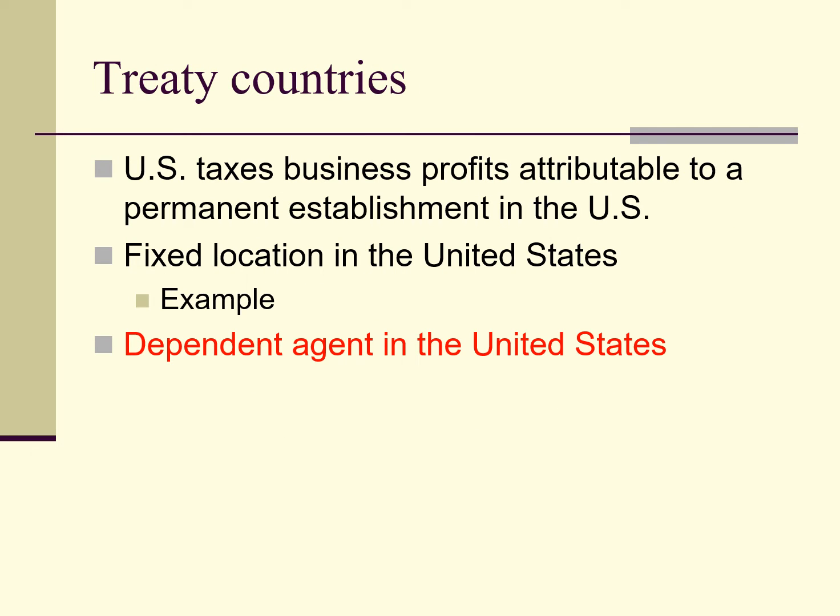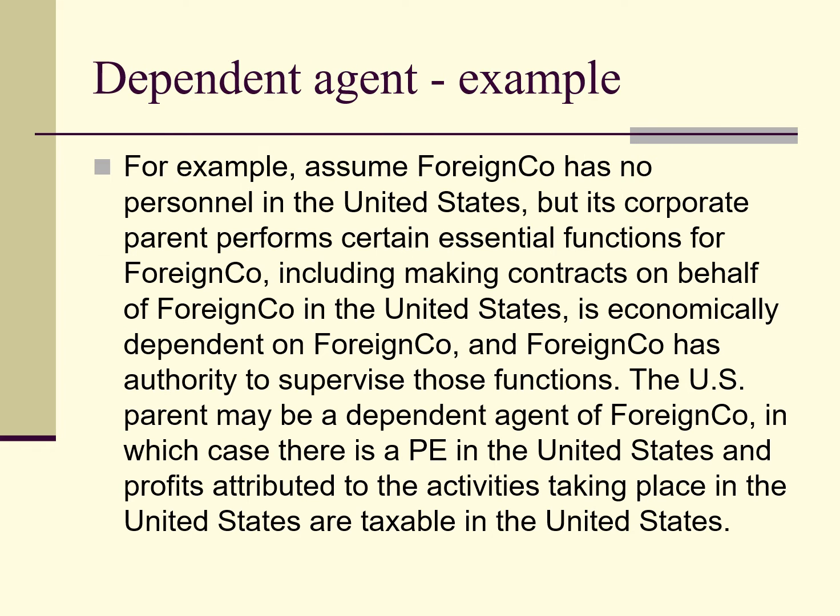A foreign corporation can also be taxable in the United States under a tax treaty if it has a dependent agent in the United States. For example, assume Foreign Co. has no personnel in the United States, but its corporate parent performs certain essential functions for Foreign Co., including making contracts on behalf of Foreign Co. in the United States.